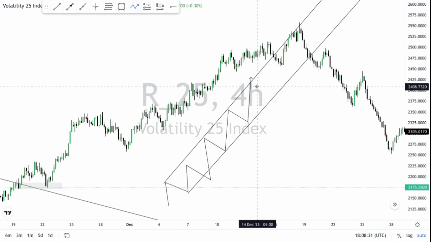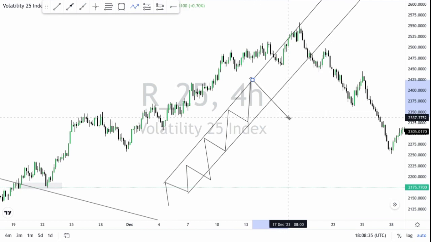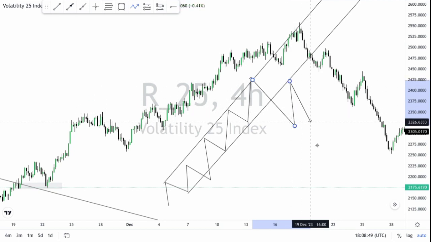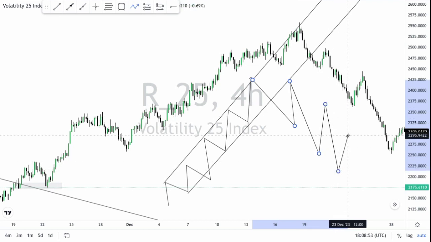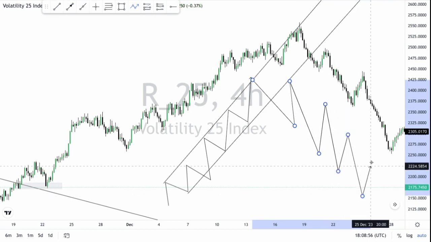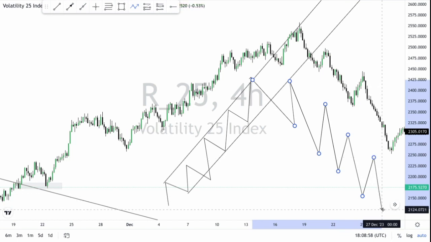Until the market breaks these trend lines like this, until then we say the market has changed the structure from a bullish structure to a bearish structure. Then it starts moving in this direction. These lines are not perfect, but you get the sense of it.